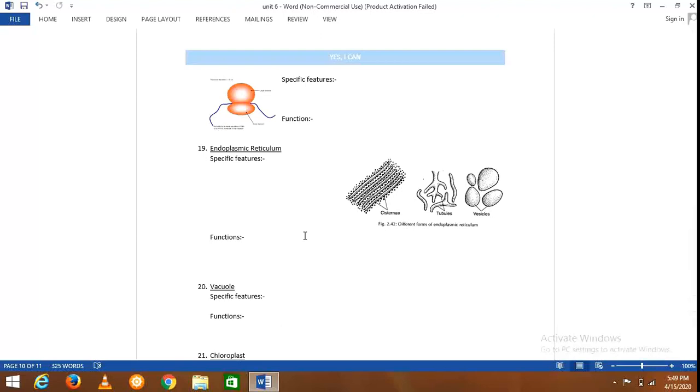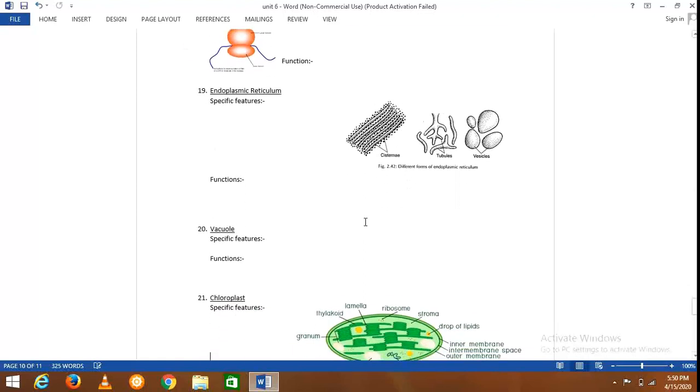The function of RER is to transport proteins which are produced by ribosomes. When there are no ribosomes attached, we call it the smooth endoplasmic reticulum. The function of SER is to synthesize lipids and steroids, then transport these lipids and steroids within the cell.